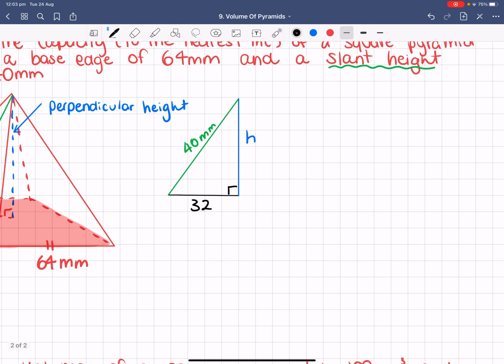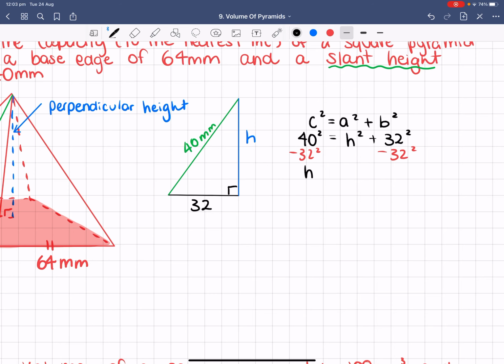So remember, Pythagoras' theorem is c squared equals a squared plus b squared, where we've got 40 as our hypotenuse. A squared is what we're trying to find, so let's call it h squared, plus 32 squared. Remember, we're rearranging it for h, we just subtract 32 squared from both sides.